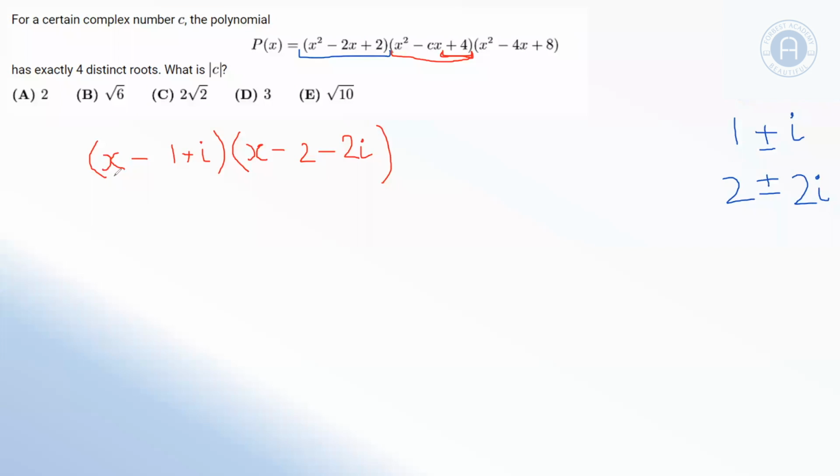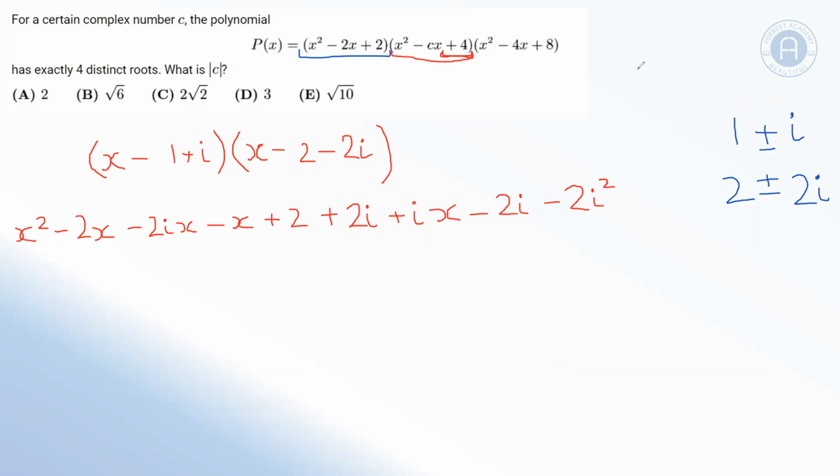We can now expand these brackets. x squared minus 2x minus 2ix, minus x plus 2, plus 2i, plus ix, minus 2i, minus 2i squared.